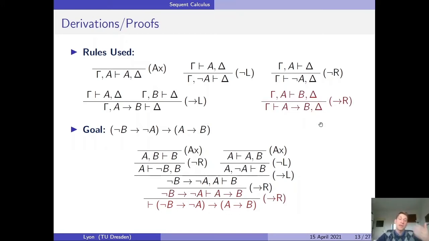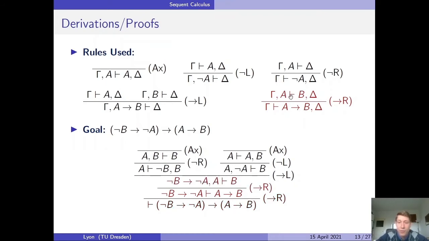Now, if we apply the implication right rule bottom up, what happens is you take the antecedent of your implication and put it on the left-hand side of your sequent arrow, and you take the consequent of your implication and put it on the right-hand side. We now have this A implies B occurring on the right-hand side in this highlighted premise of implication right. And we can apply the implication right rule again.